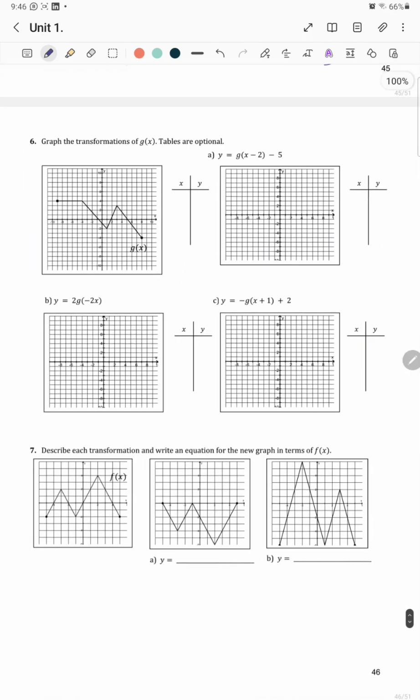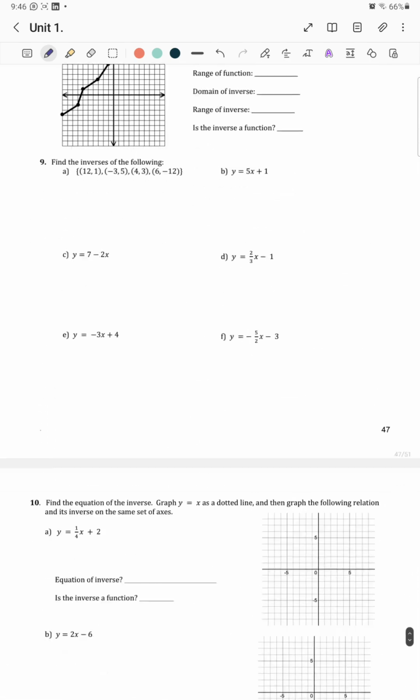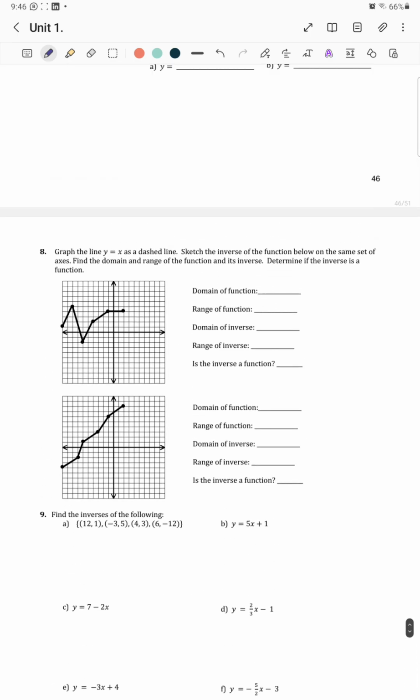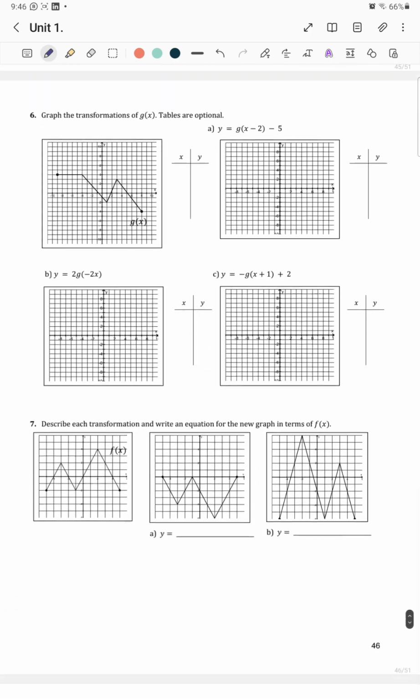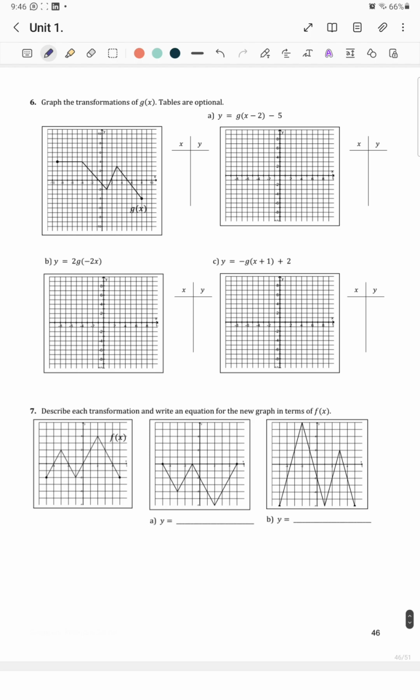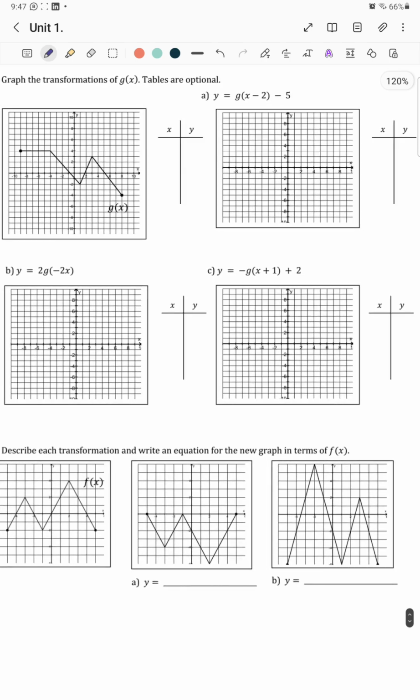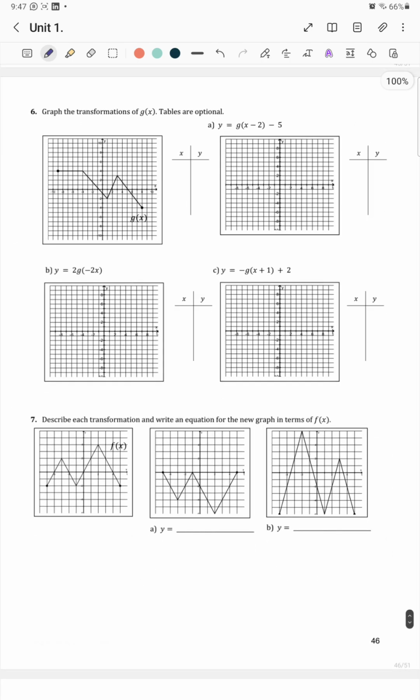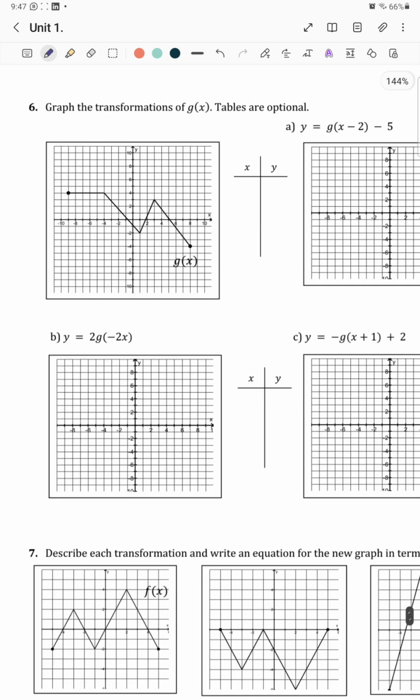Graph the transformations of g of x. Tables are optional. First of all, we need to make the table for the first one.